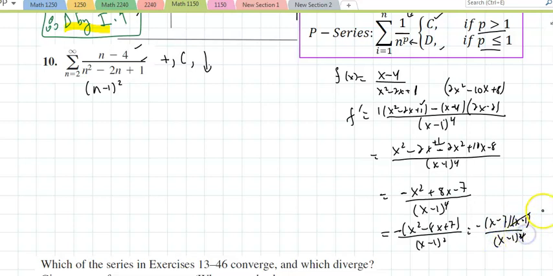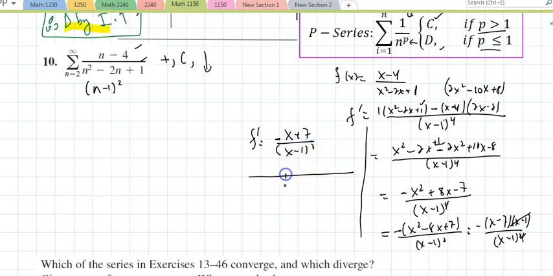This cancels one of those. I'm trying to test negative x plus 7 over x minus 1 cubed. So if I do my testing, if I let x equal 1 and x equals 7, I'm not going to worry about this region.